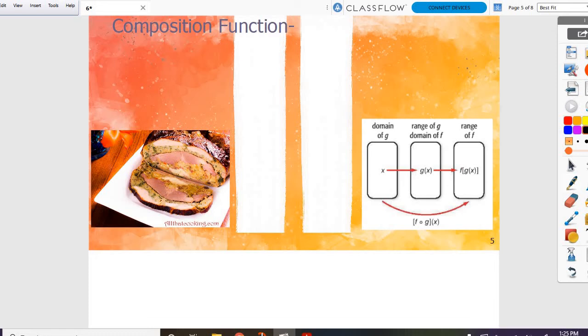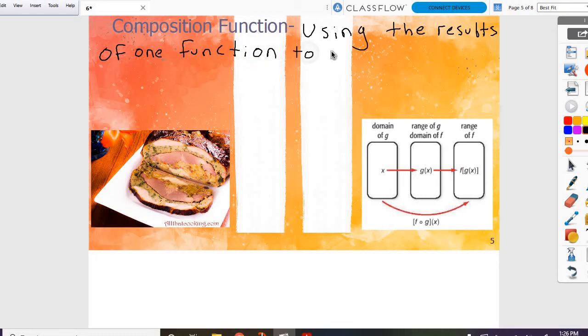Now, our composition function is a little bit different because what we end up doing is using the results of one function to evaluate another function. So what we're doing is we're going to plug one function into another.